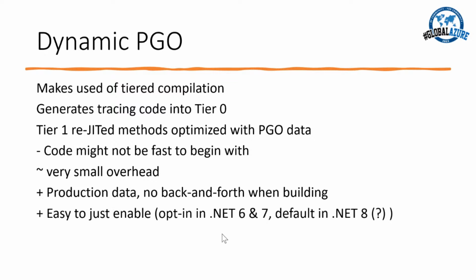And you can just enable it, set one flag to true. Hopefully in .NET 8, for some workloads, it will be enabled by default. However, .NET 8 is still a bit out, so no definitive statements there. But in .NET 6 and 7 applications, you can just enable it, and your application should run a bit better.